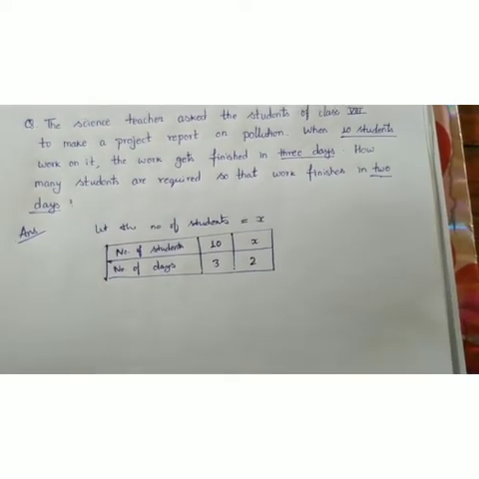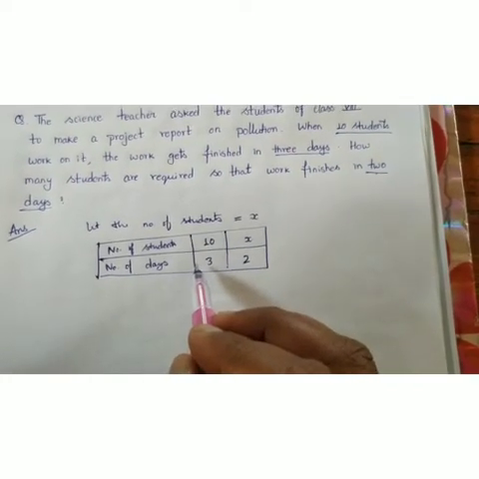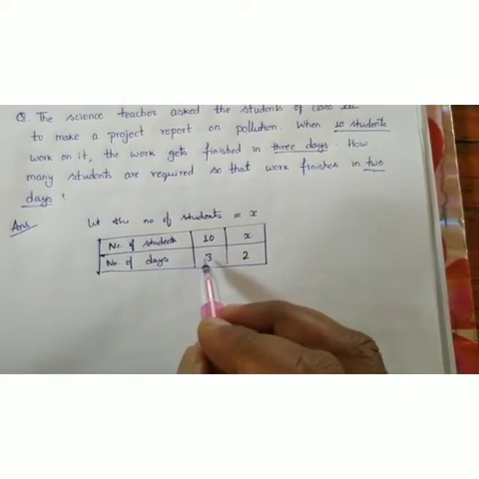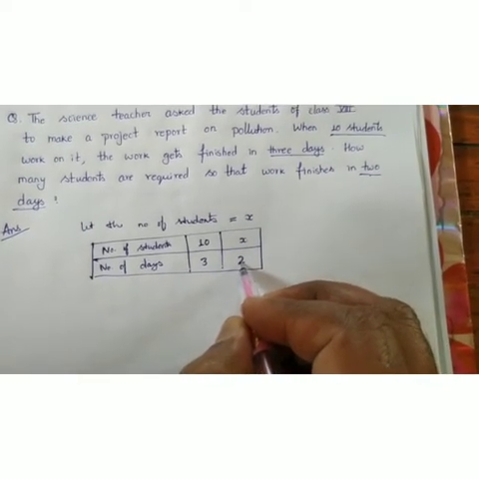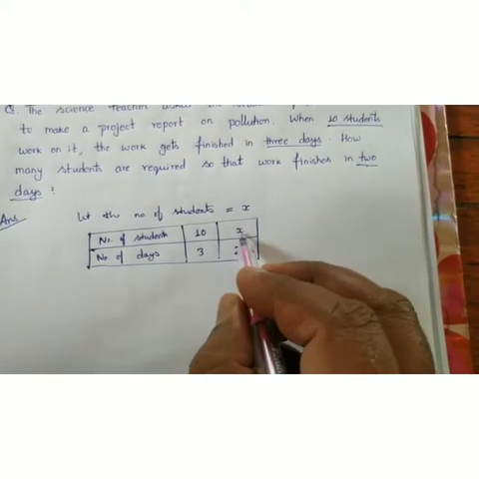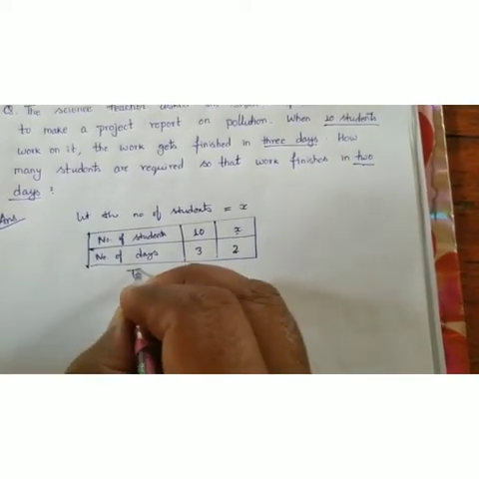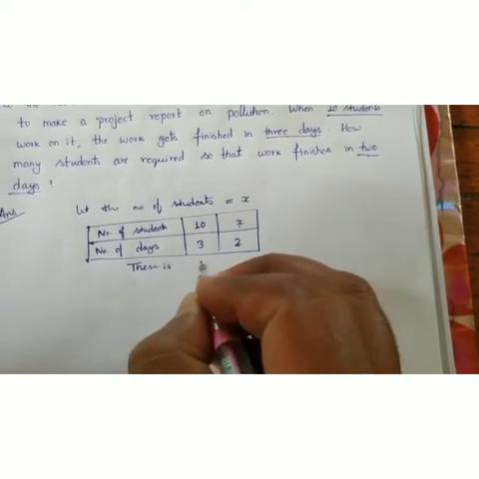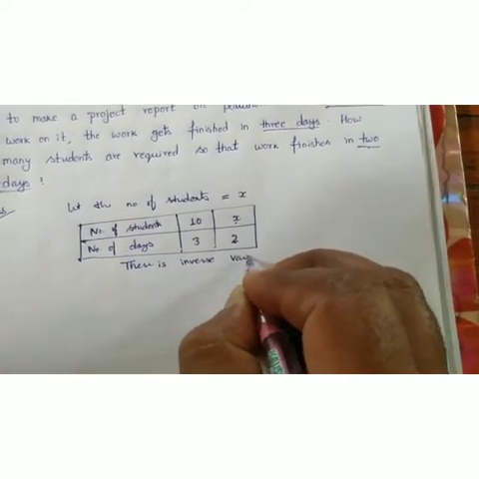Now it is clear that if I want to complete the work in lesser number of days, then we have to increase the number of students. This means that there is inverse variation.